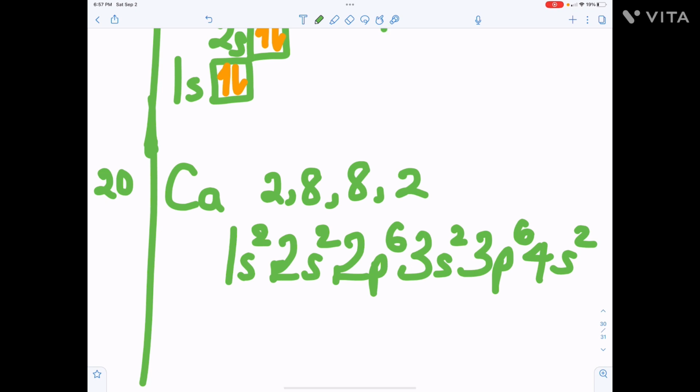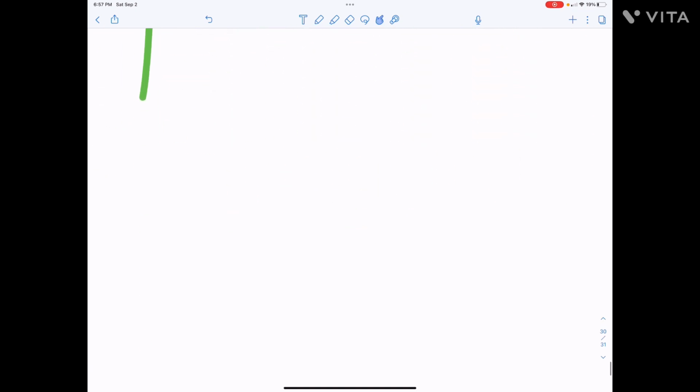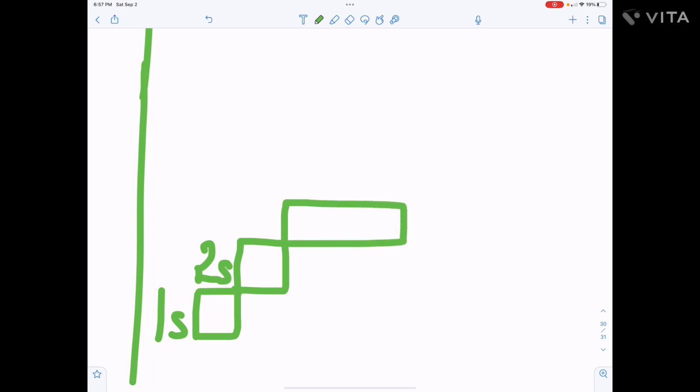Yeah, that's complete. So we'll draw a diagram for it too. Let me go further down a bit. So 1s, 2s, 2p, 3s.